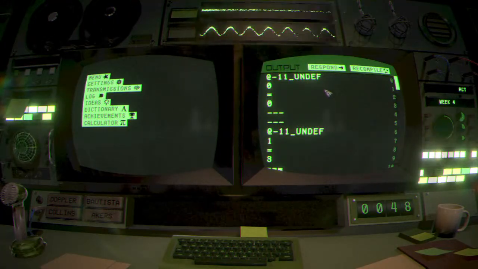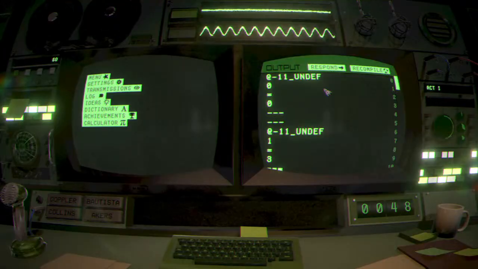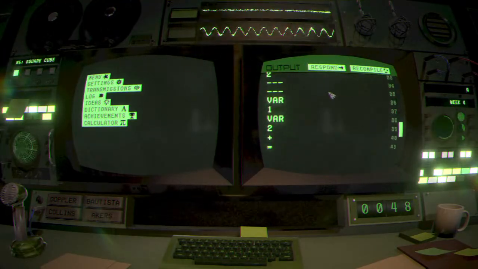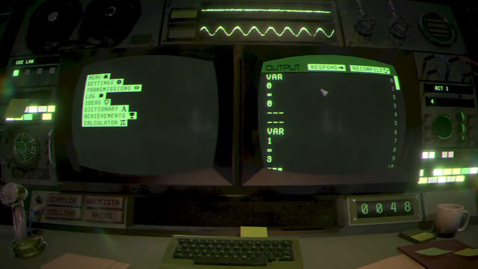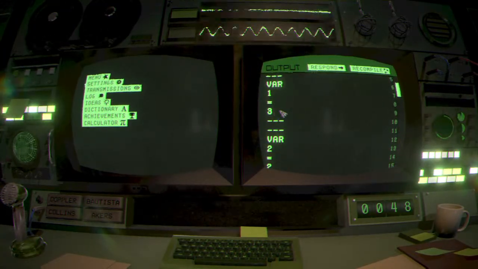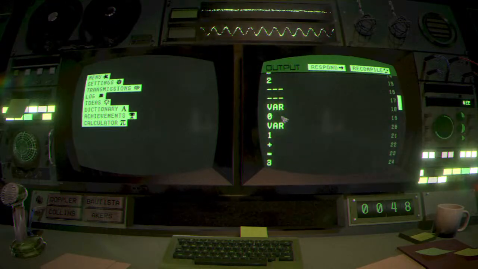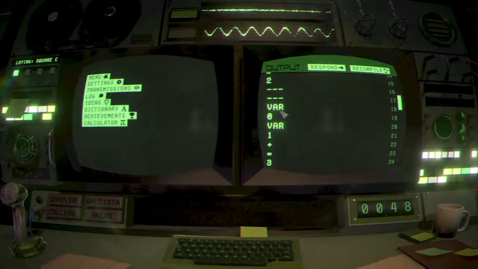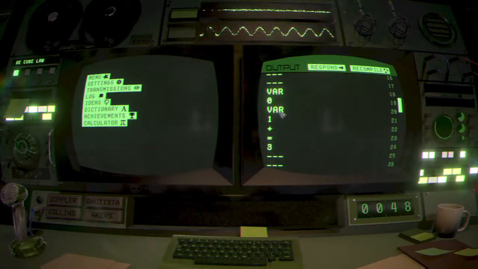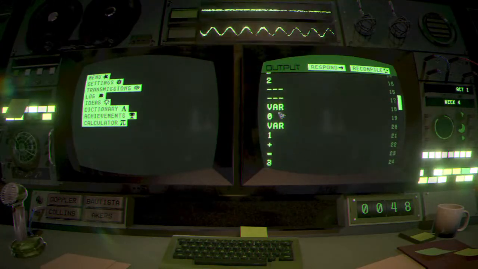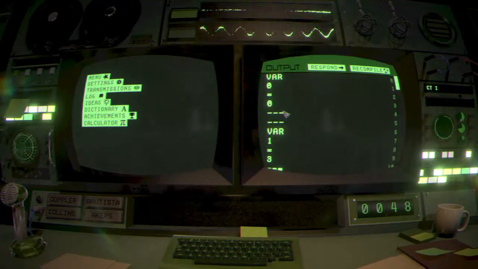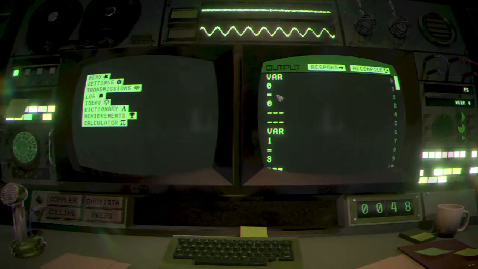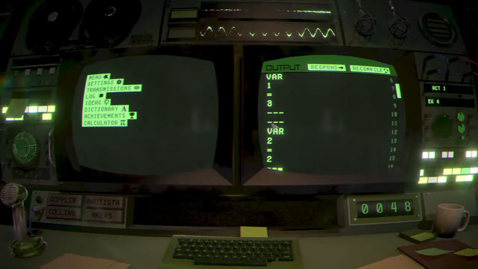So 0 is 0, 1 is 3, 2 is 2. 0 3. Whoa, this is hard to read. So 0 is 0, 1 is 3, 2 is 2.